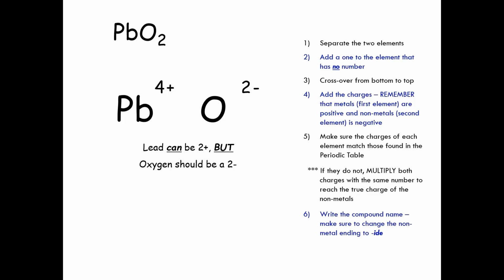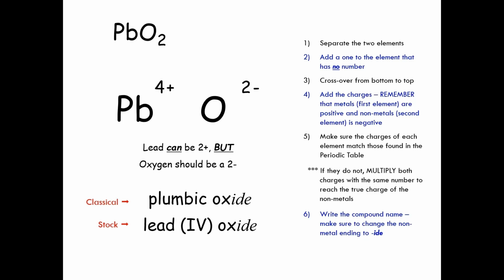Write the compound name. Because I have the true charge on lead, and I know its charge will be 4 positive, I can name it using the classical system, and I can name it using the stock system. And so the classical name will be plumbic oxide, and the stock name will be lead IV oxide, the IV indicating 4 positive.